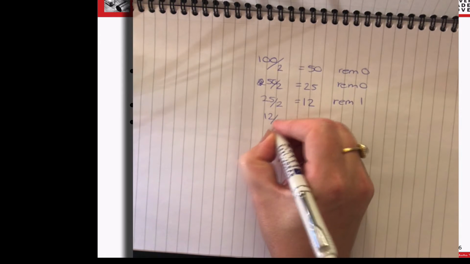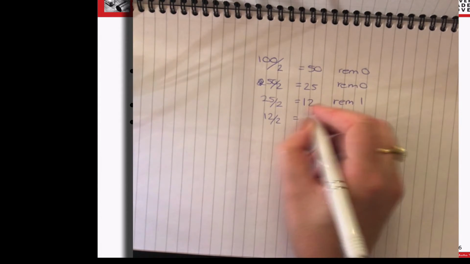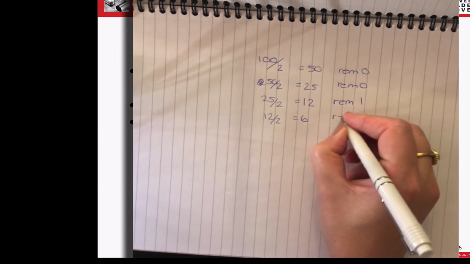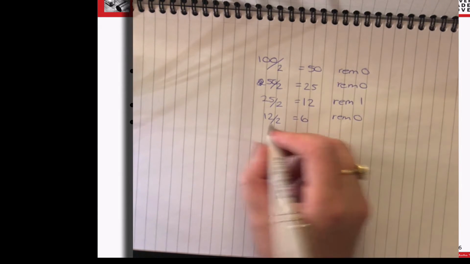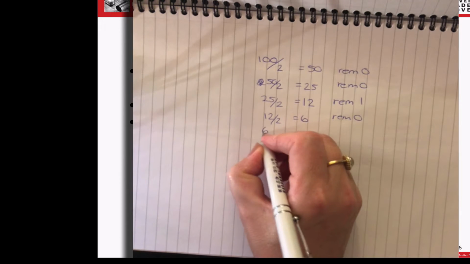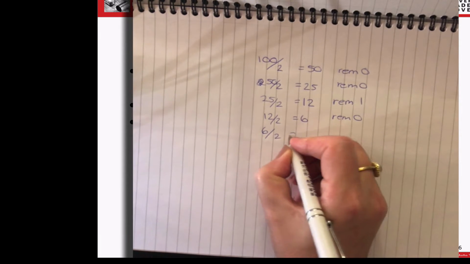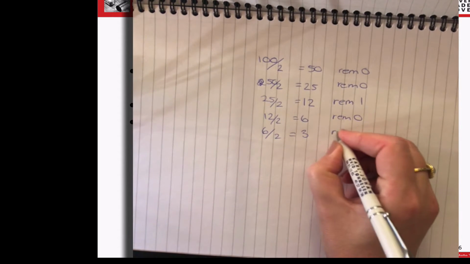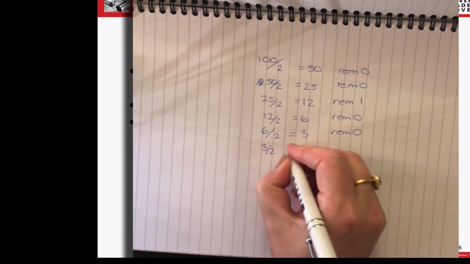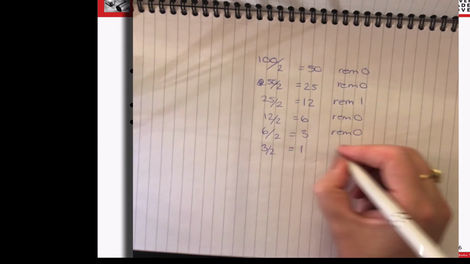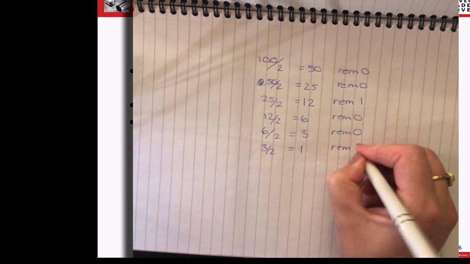Then I take 12 divided by 2, which is 6 and a remainder of 0 because it's a full number. And then I take 6 and divide by 2, which gives me 3 and a remainder of 0. I take 3 divided by 2, which is 1.5, so it's 1 and a remainder of 1.